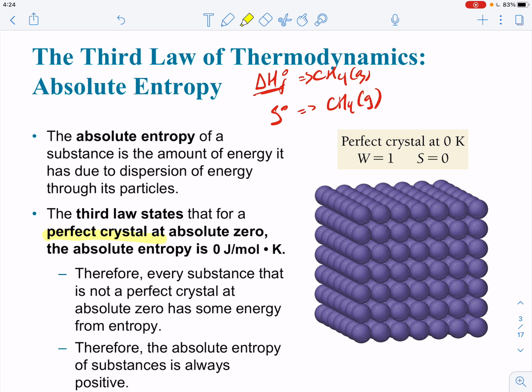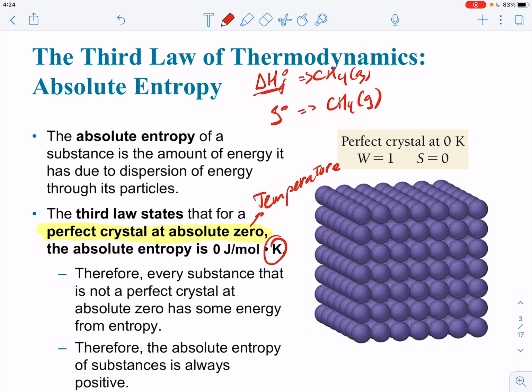You must have a perfect crystal at absolute 0 Kelvin. This absolute 0 refers to temperature. If you can have a perfect crystal at 0 Kelvin, then the entropy associated with that crystal is going to be 0.